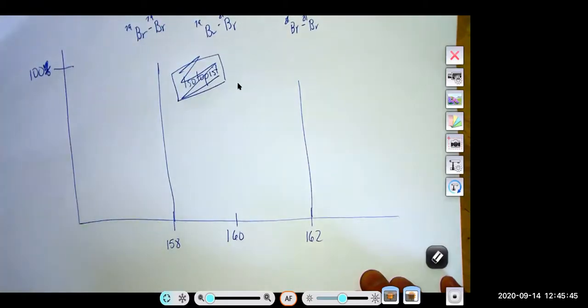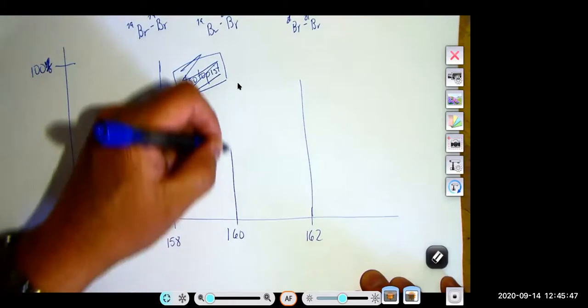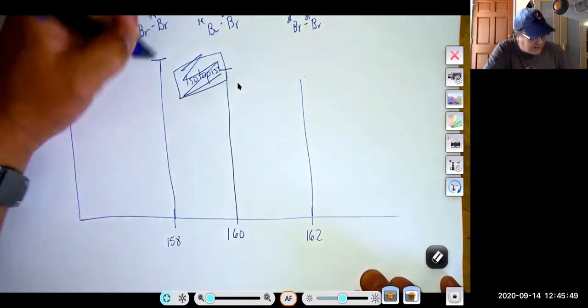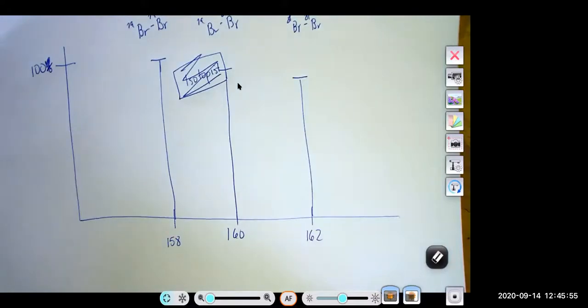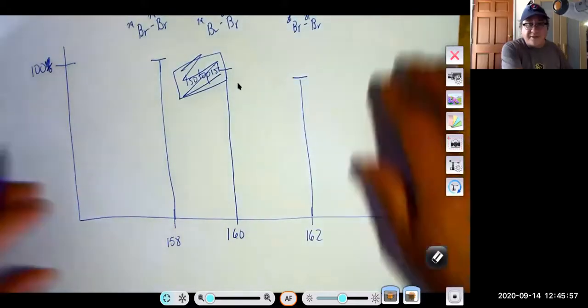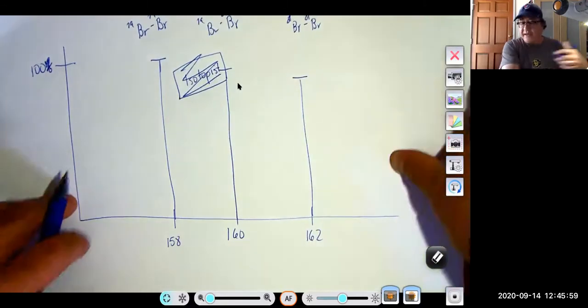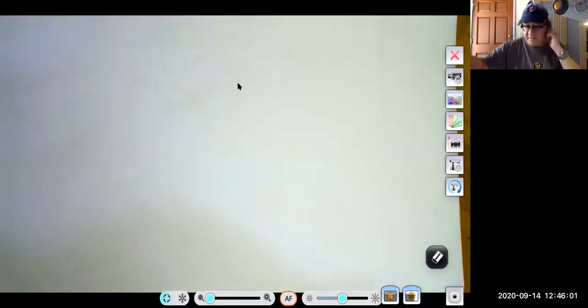Between the two. Maybe a little taller than that one and a little shorter than that one. Are you guys following me here? Quinn? Yeah. Okay, so we've come up with a hypothesis. It's one of these three, right? Shall we find out what it's going to be?